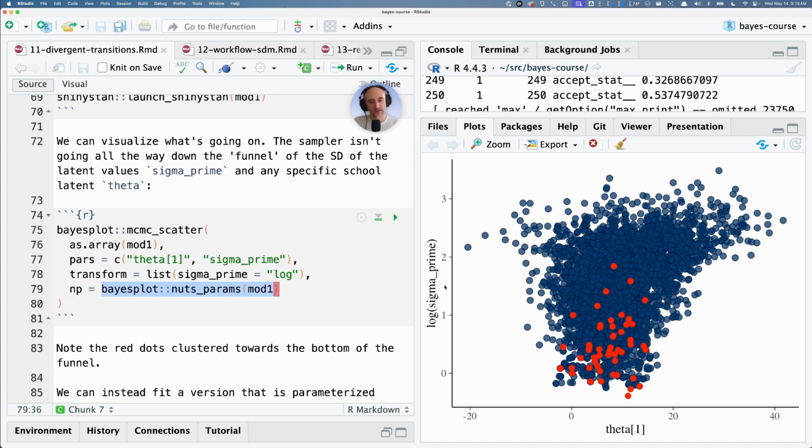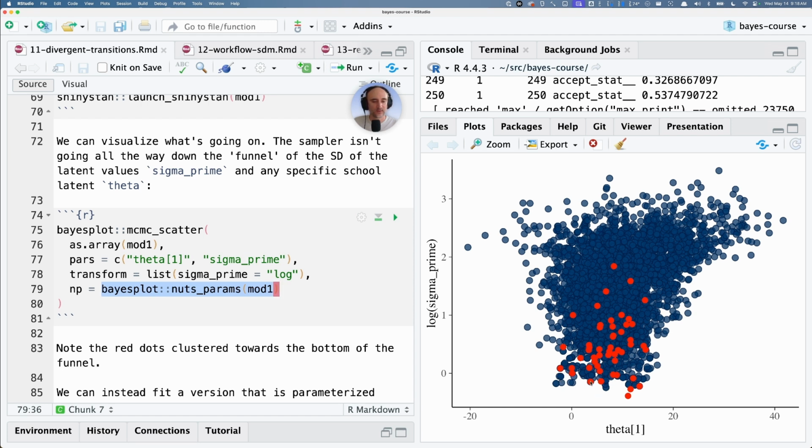So this is the log of the standard deviation of the random effects on the y-axis. This is a single random effect value, a single underlying assumed latent change in SAT score for the first school. And we get this, you see the start of a funnel here where it's quite wide at the top and gets narrower at the bottom.